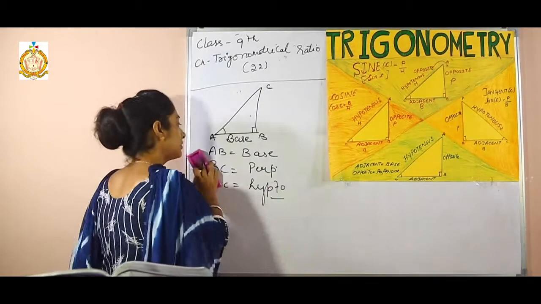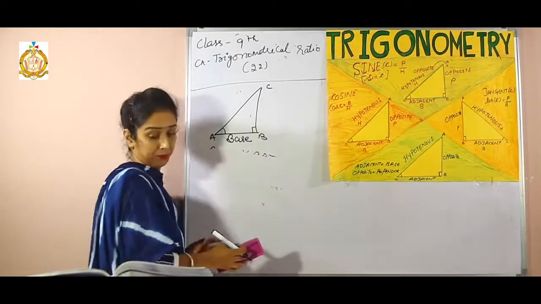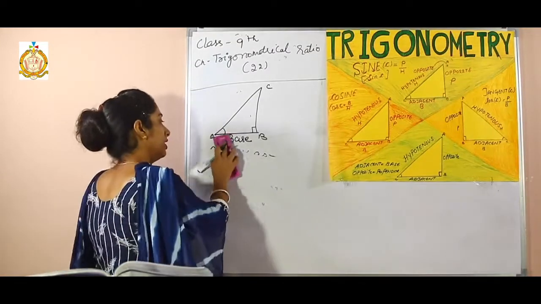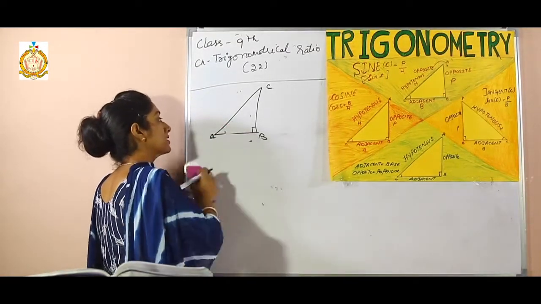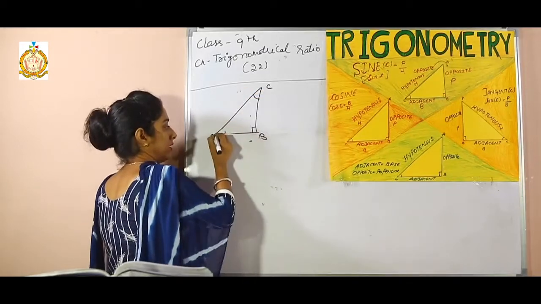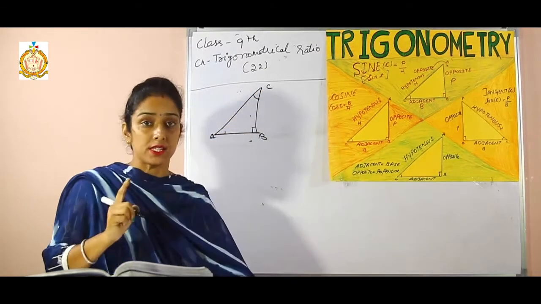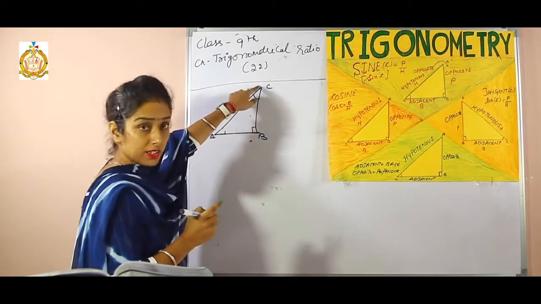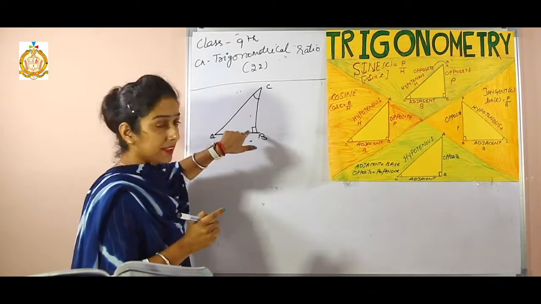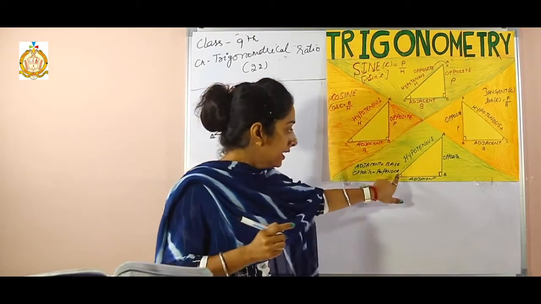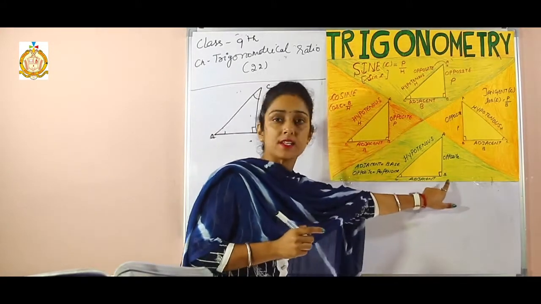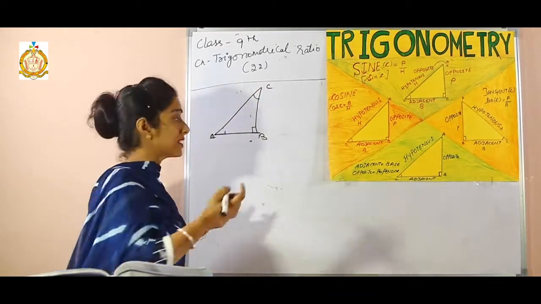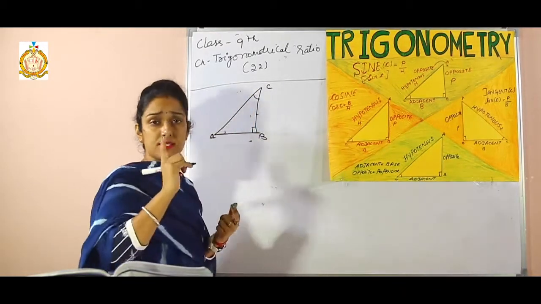But if the angle varies, if A is the acute angle, then... if the angle is C, then what is the base? The base is the side with the angle, the adjacent side, right? Now here, which is the adjacent side? BC is the adjacent side.